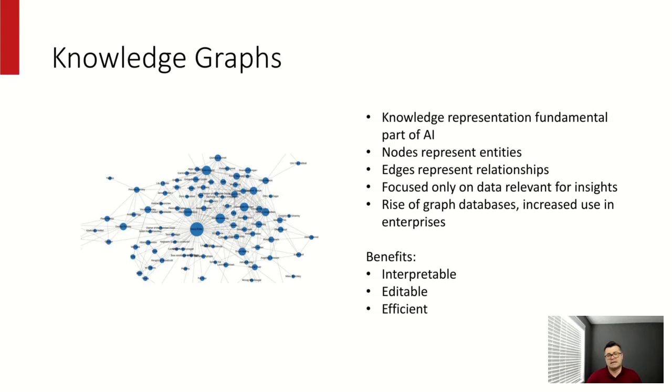The benefits of these knowledge graphs, or enterprise knowledge graphs as they're called in the business world, are that they're interpretable, they're editable, and they're efficient. So they can really be helpful in figuring out how to structure knowledge internally. And what companies are finding is that they're useful for generating insights; they're driving a lot of value.